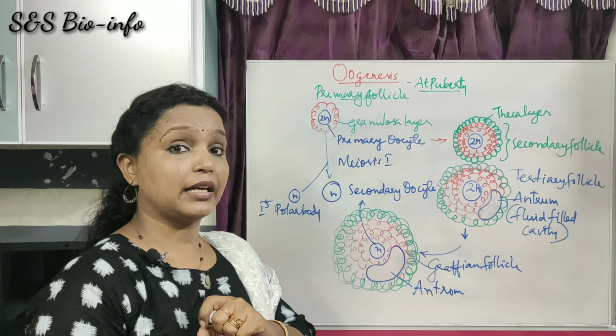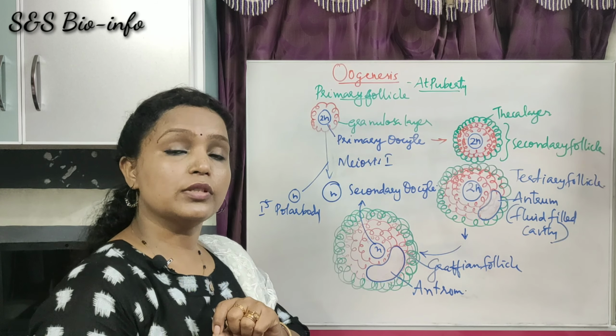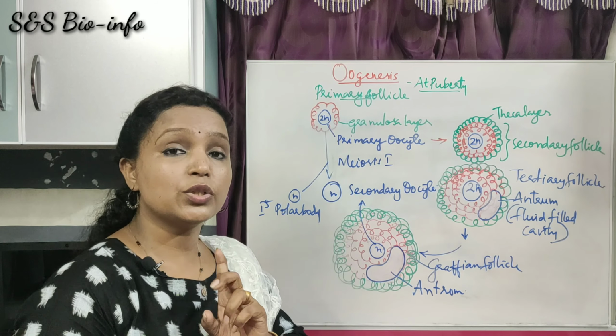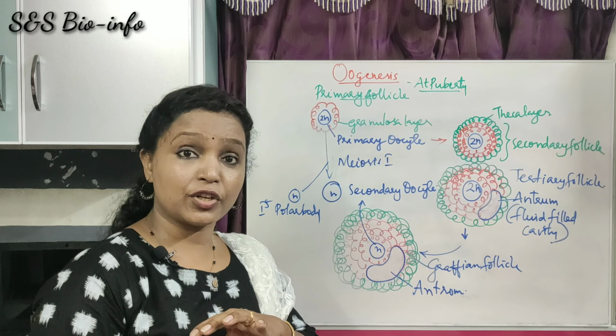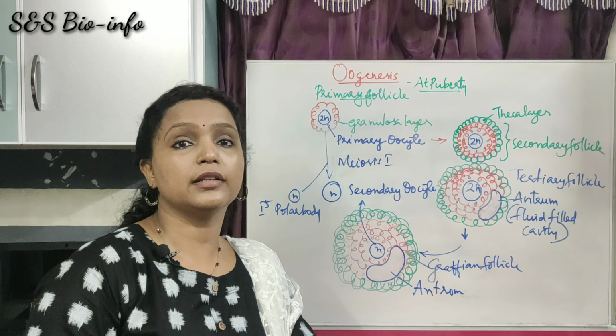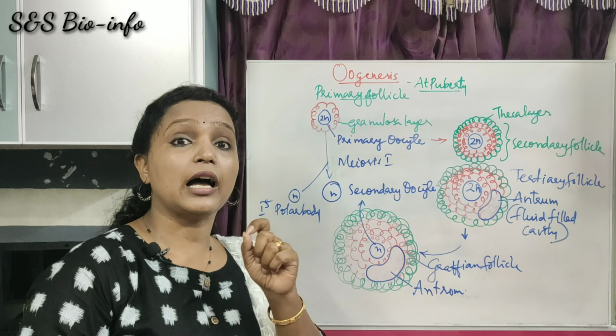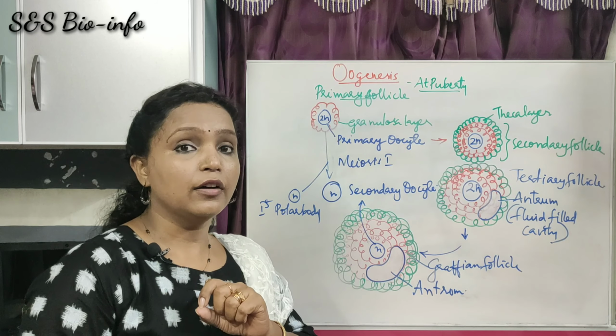Then what happens to the secondary oocyte? The secondary oocyte undergoes meiosis 2 and it will be completed after the entry of sperm in the fallopian tube, that is in the ampulla, isthmic junction of the fallopian tube.